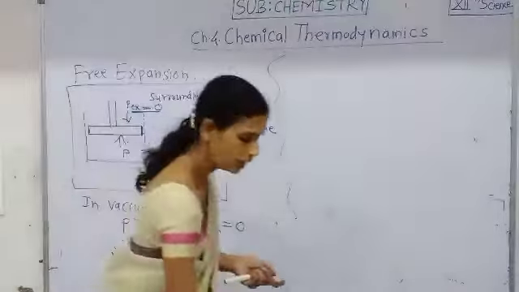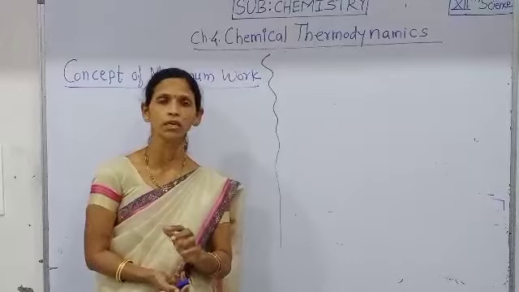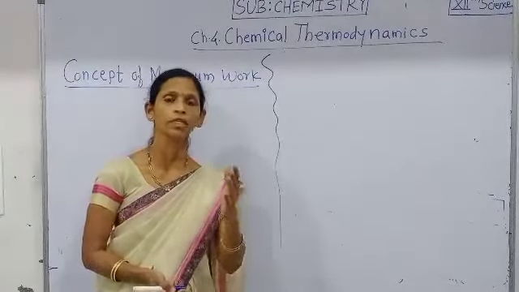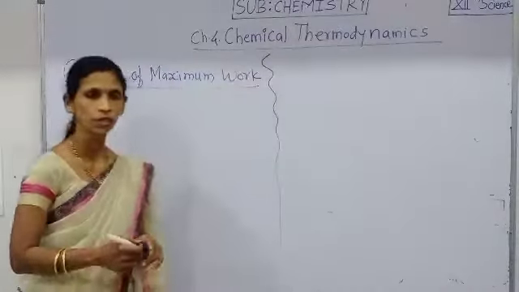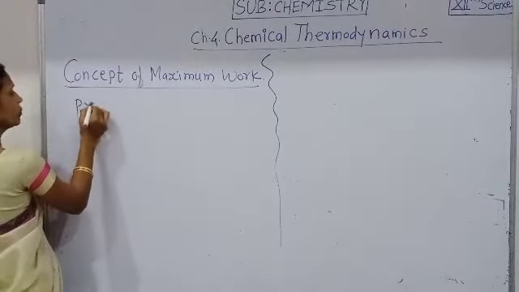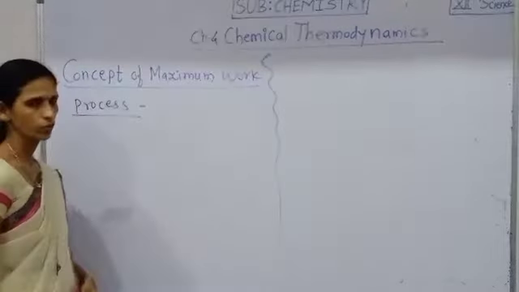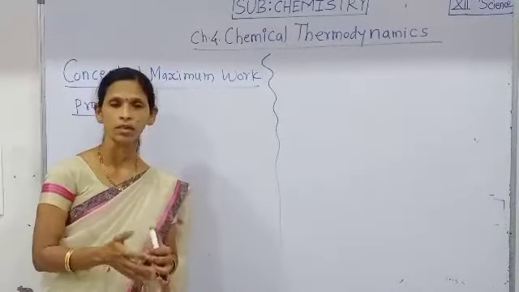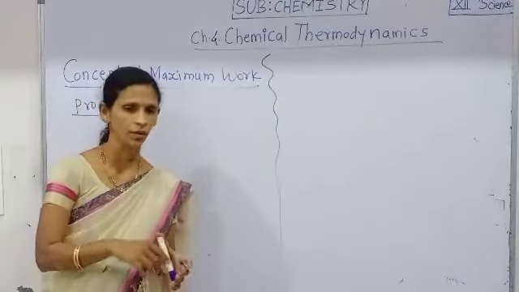Then we will discuss the work done in an isothermal and reversible process, that is the maximum work done. Concept of maximum work done. See here, all of you have studied that the process is of two types, reversible or irreversible. When the process takes place irreversibly and isothermally, the work done in the system is PV type work done.